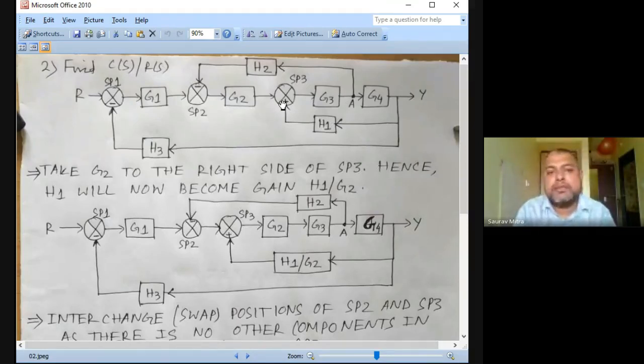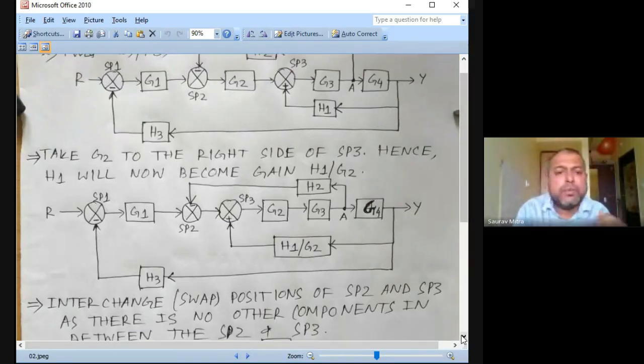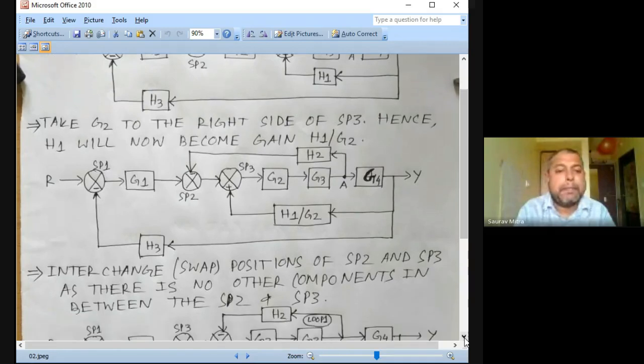If you are shifting a summing point to the left of a gain block, the feedback related to that summing point will be divided by this gain block. These are things you will understand as you keep on doing it. Only one change I have made first: SP3 has been shifted to the left of G2, and H1 has been made H1 by G2. See that this point A is still there. I'm not shifting the point A. So that was the first thing.